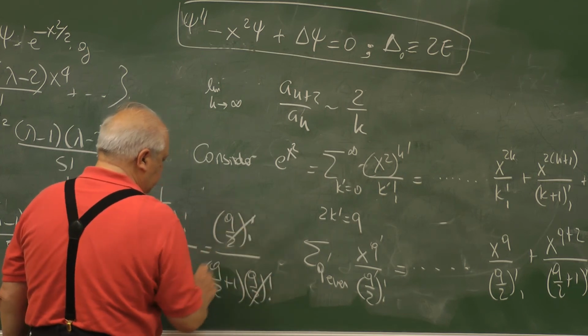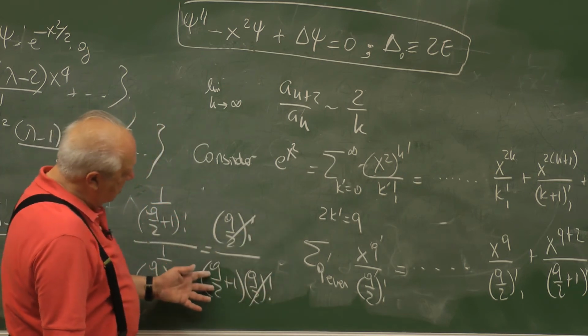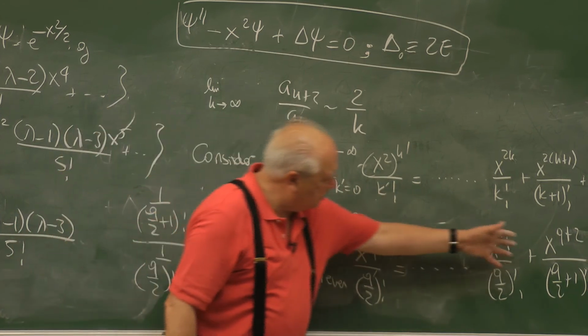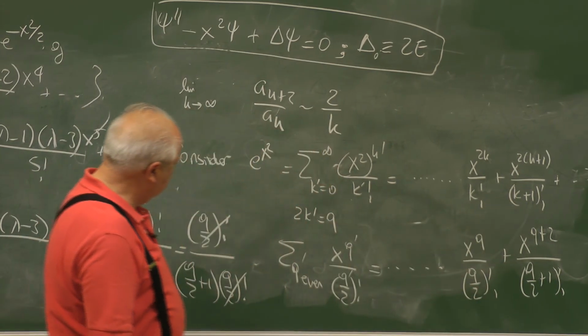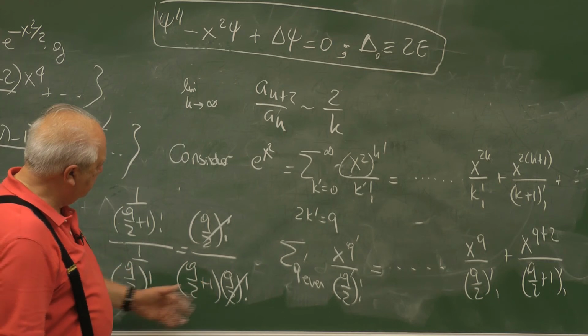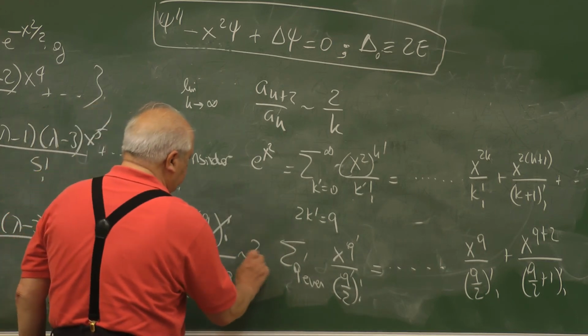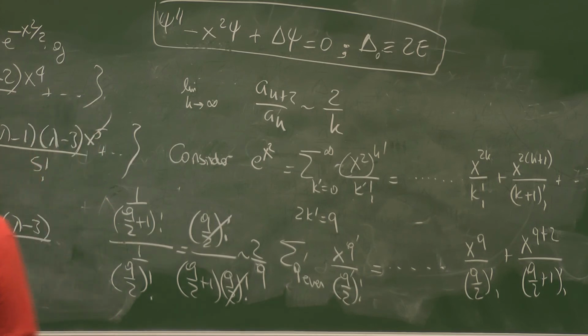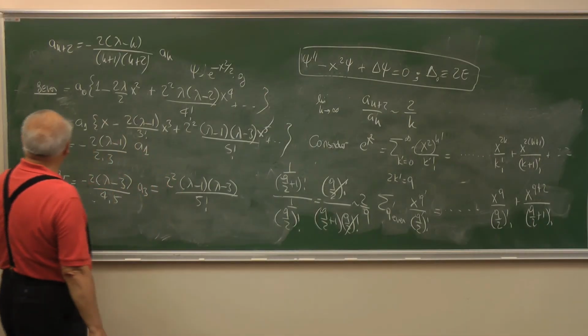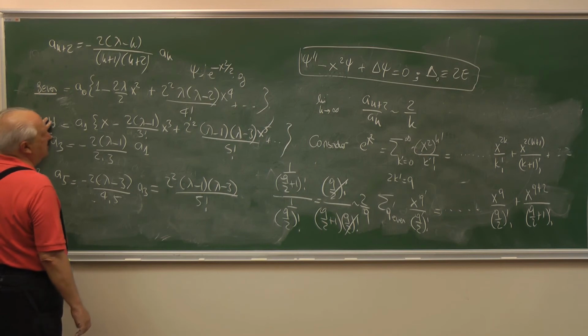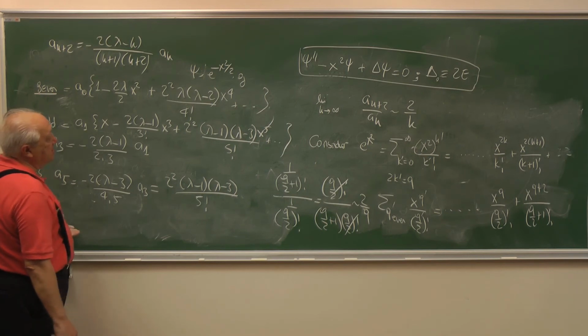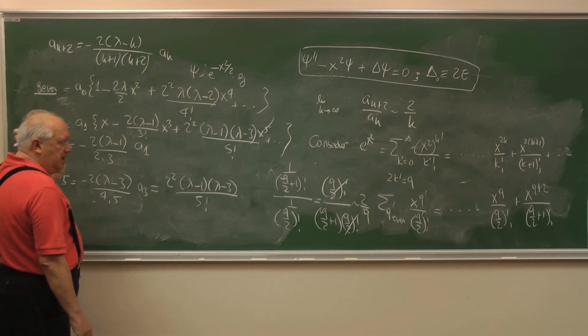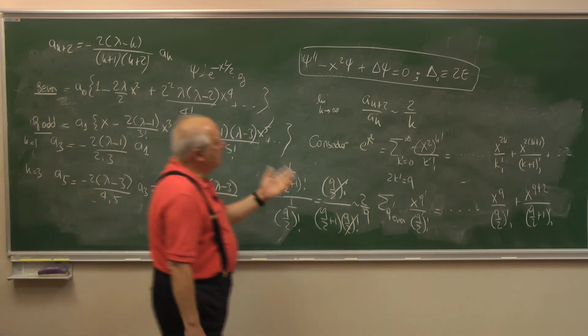So these cancel. Since q is a large number, we consider a term high up in the series. So ignore the 1. So this goes as 2 over q. So this means both of the series, even series and the odd series, for very large x, they are behaving like e to the x squared.